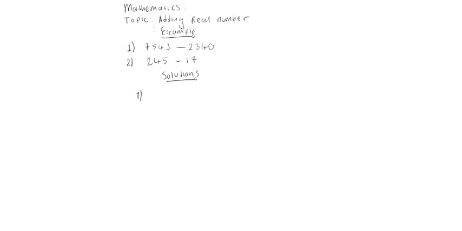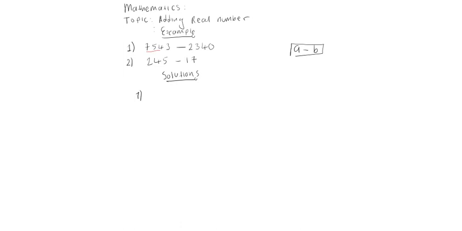Let's say I have a number represented by a variable a minus another number represented by a variable b. We can arrange it in such a way that it will be easy for us to subtract or add numbers.